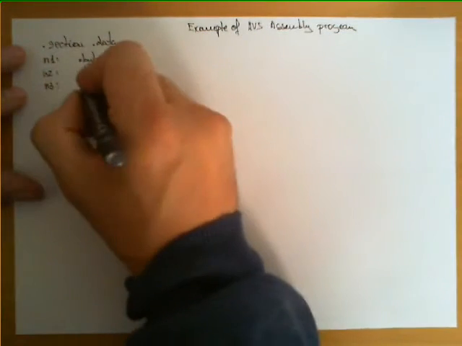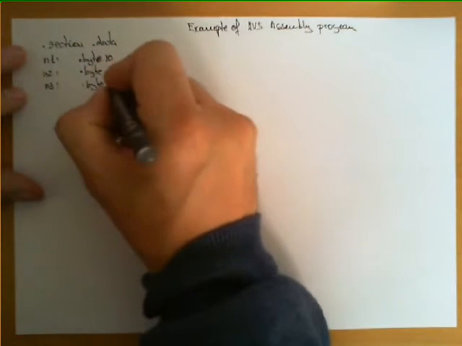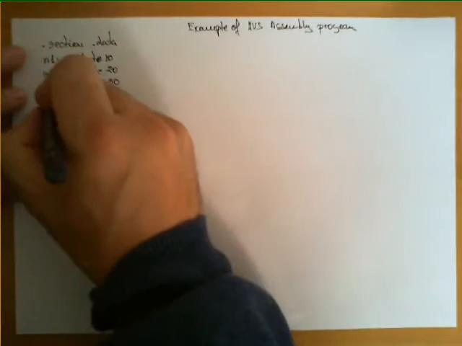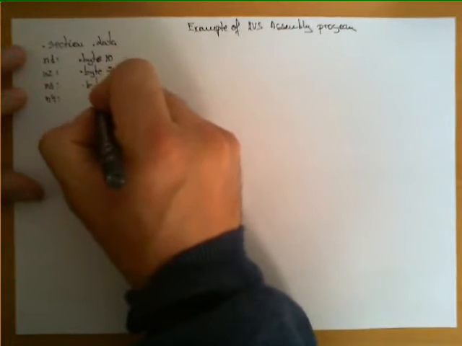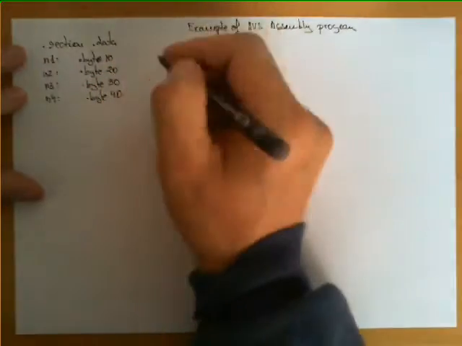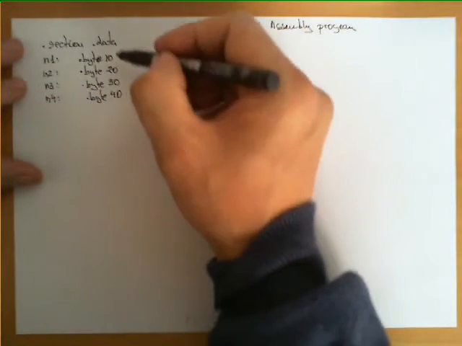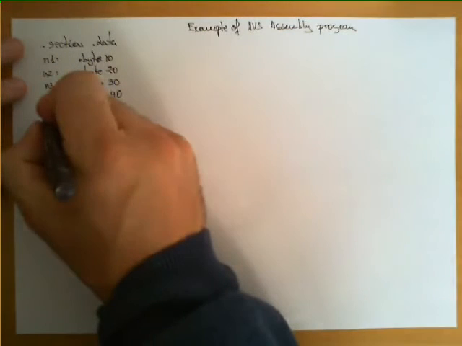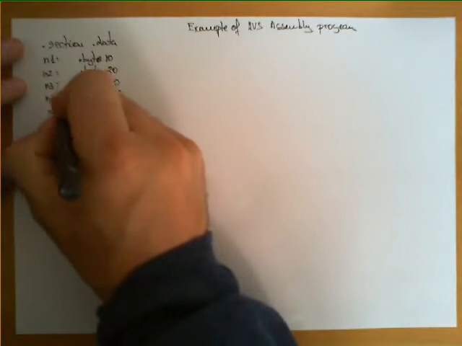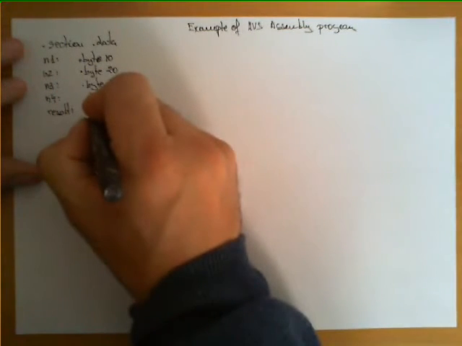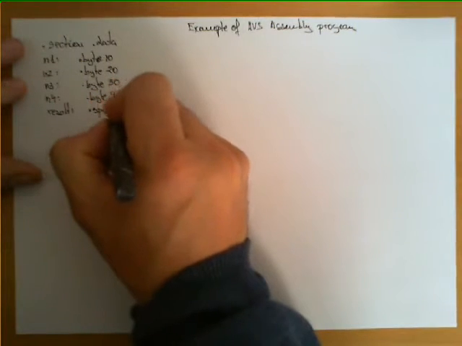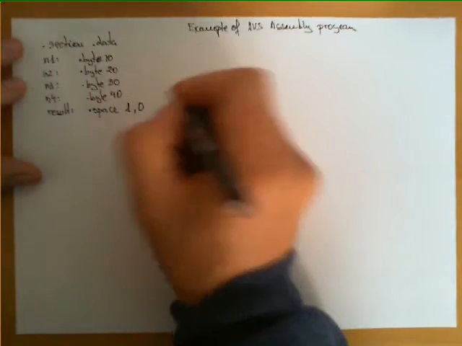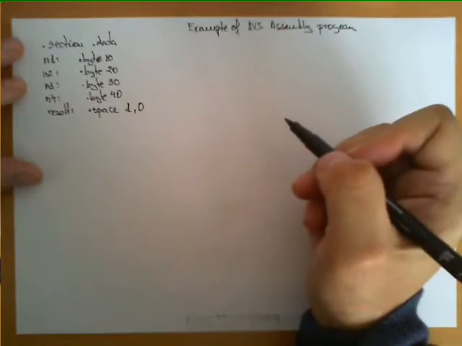The third number n3 .byte 30 and n4 .byte 40. And let's assume that my program wants to add all these numbers and the result will be stored in an extra byte that we declare like this, .space 1, 0. 1 byte with value 0.